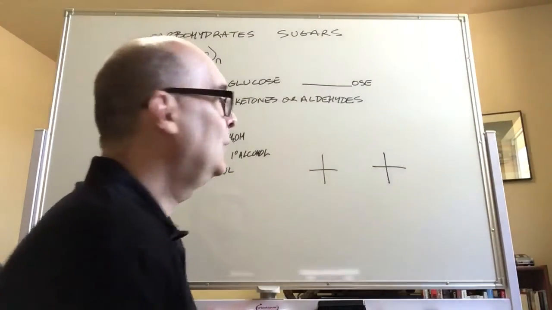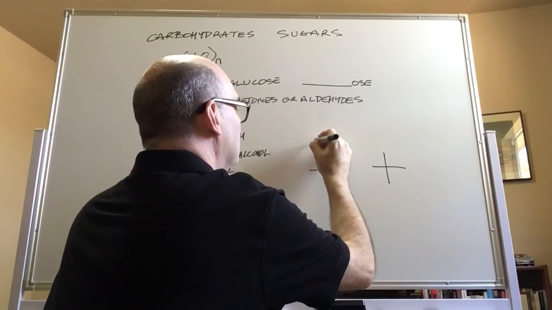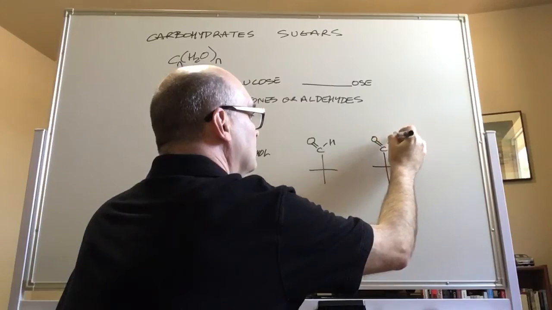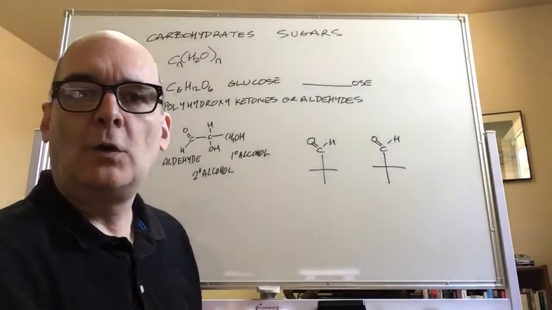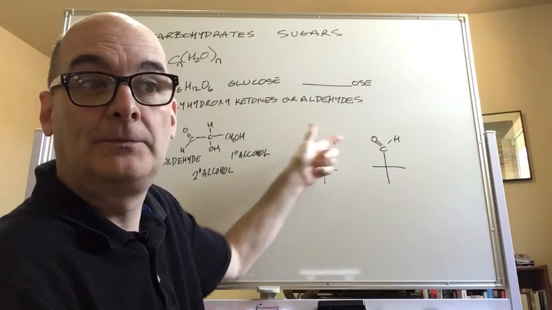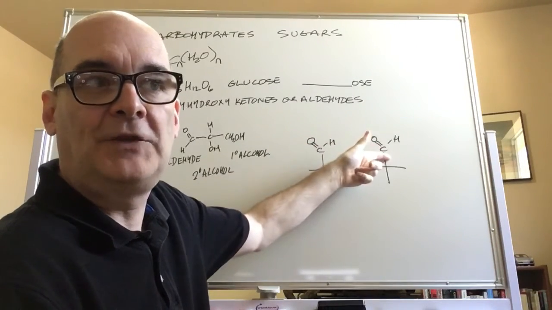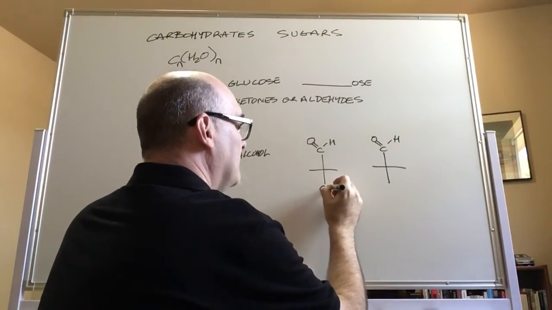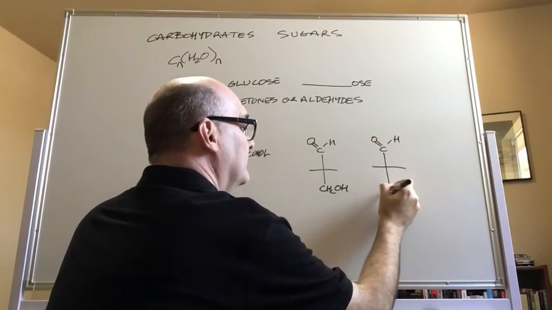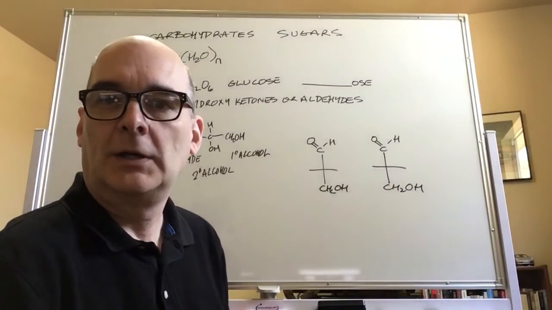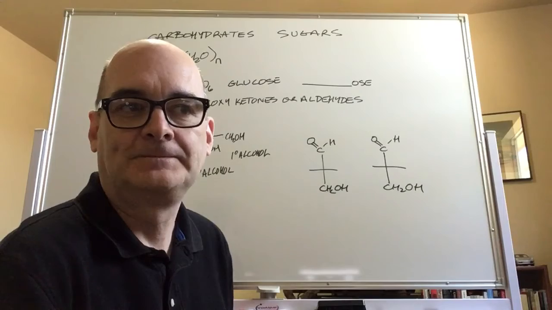And when we do, we always put the carbonyl part at the top. Carbonyls in Fischer projections of sugars go at the top. Primary alcohols go at the bottom.